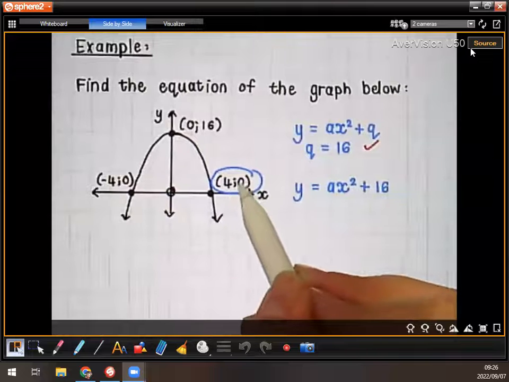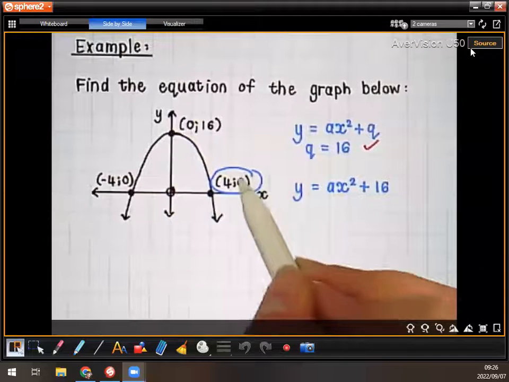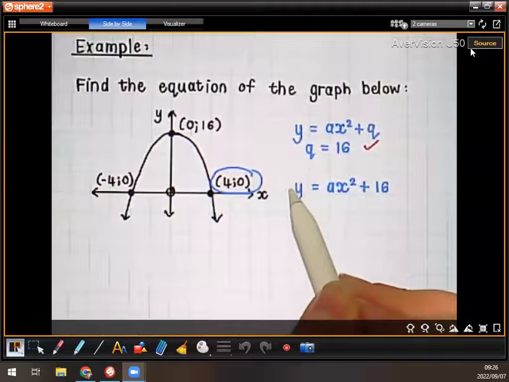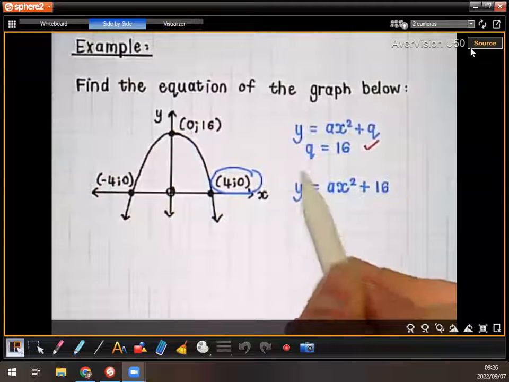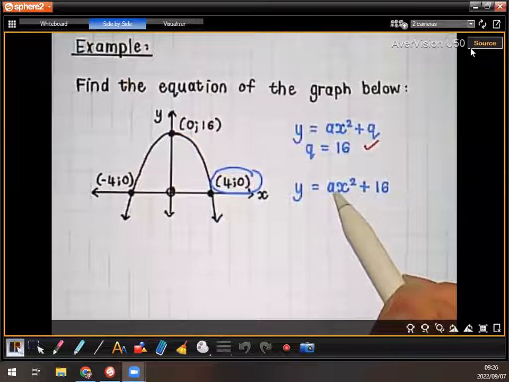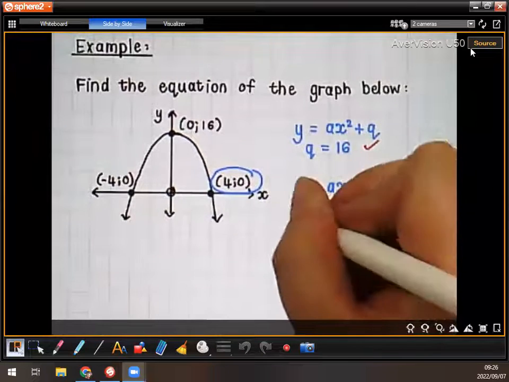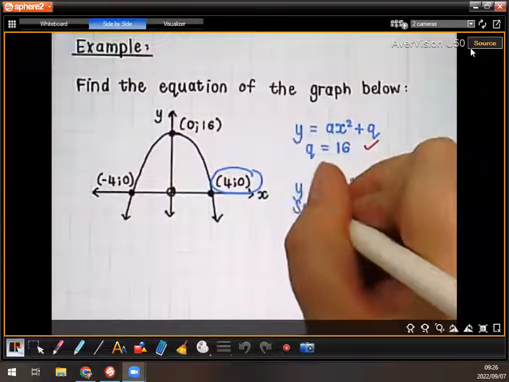And 0 is a y value, so I can put 0 in the place of y. Right? So I can make that 0, I can make that 4, and then I'm going to have an equation with just a as a variable. Okay, so I'm going to write here, sub in.